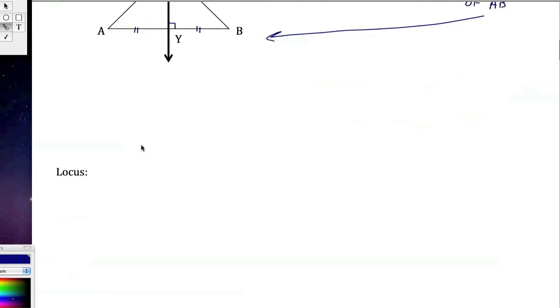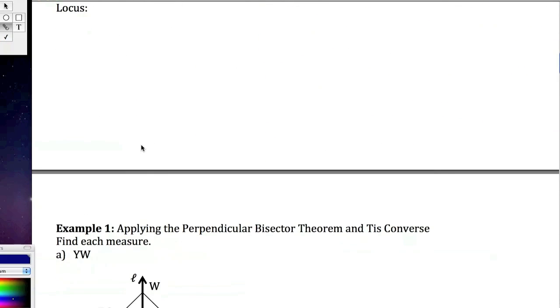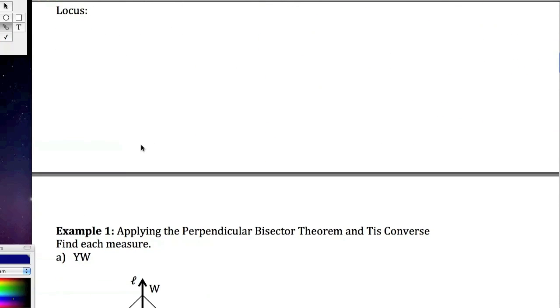The next concept that we're going to explore is the concept of locus. It fits in with this because a locus is a set of points that satisfies a condition.